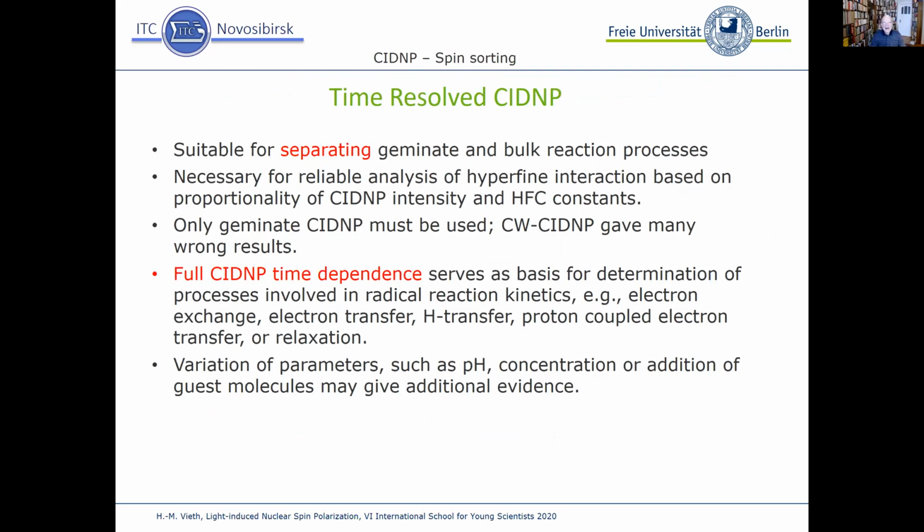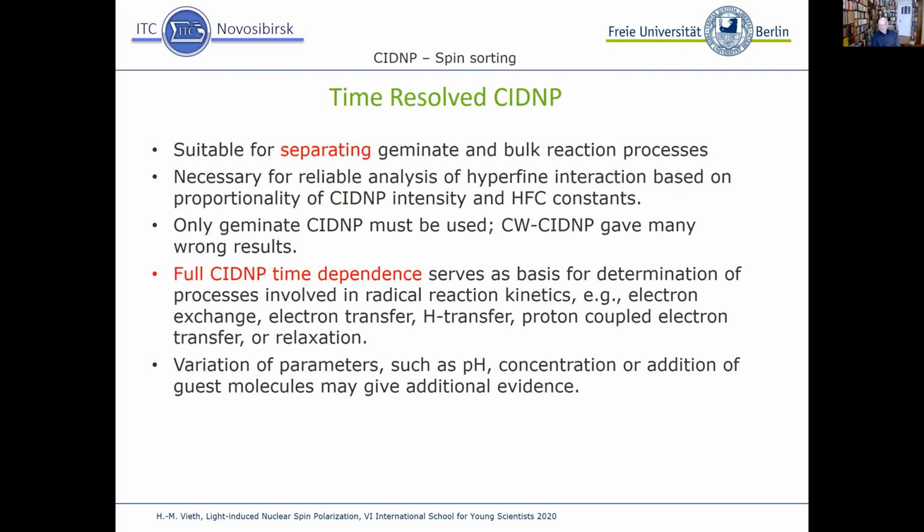So with time-resolved CIDMP, this is summarized here. You can separate geminate and bulk reaction processes. You can get analysis of the hyperfine interaction. And for this, it is very important that you really measure your CIDMP in a time-resolved way and stop at the end of geminate evolution.